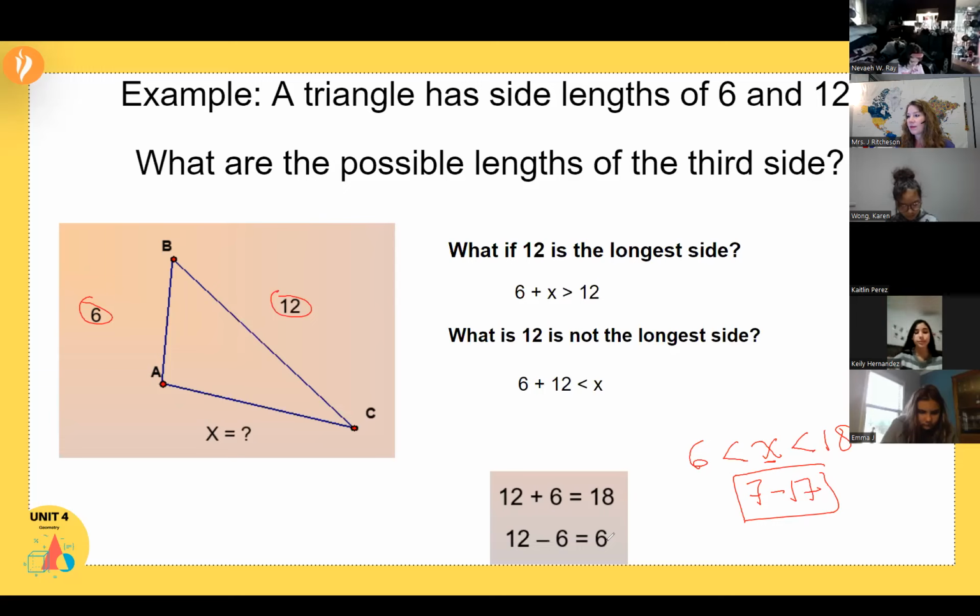So this is the hardest part of this lesson. A couple of you are taking notes. I love that. So you probably want to write that down. You're going to take the two numbers, add them and subtract them.